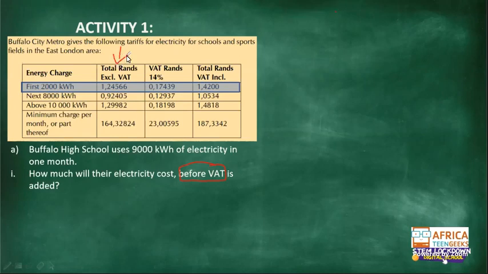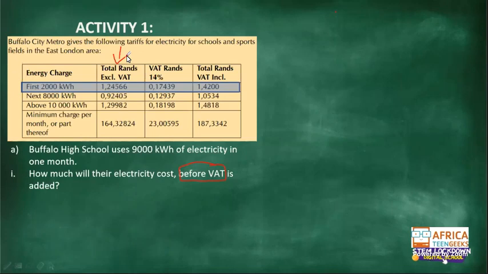There we go. Thank you, Sharon. Yes, we just look at excluding VAT, and it will be charged at 1.24566 rand per unit. Okay, and remember, like I said, with calculations like these, when we use many decimals, we will leave that right up until the end before we round.